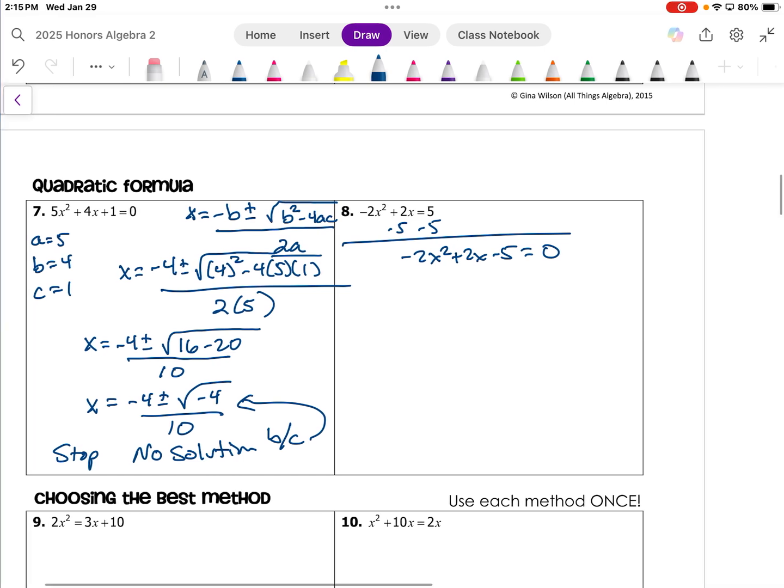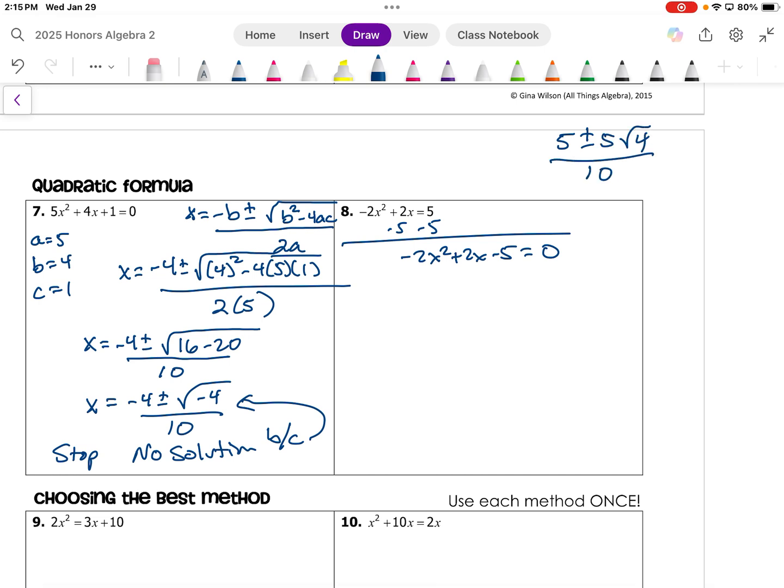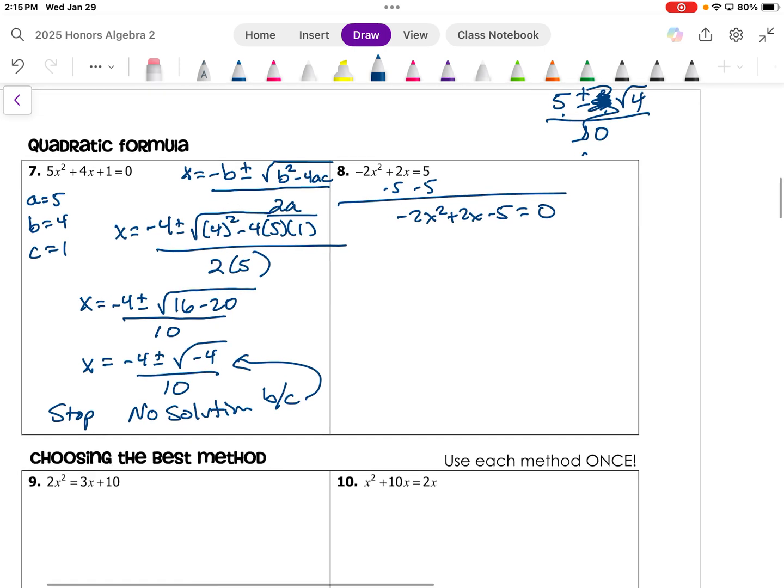The only time you're allowed to reduce is if it looks like this. Now I can divide all 3 outside numbers by 5. But if that 5's not there, nobody reduces. Okay?